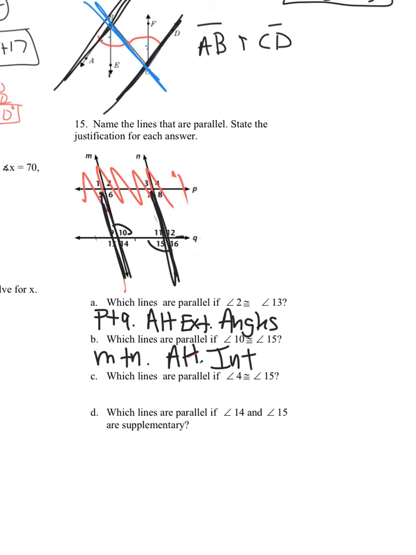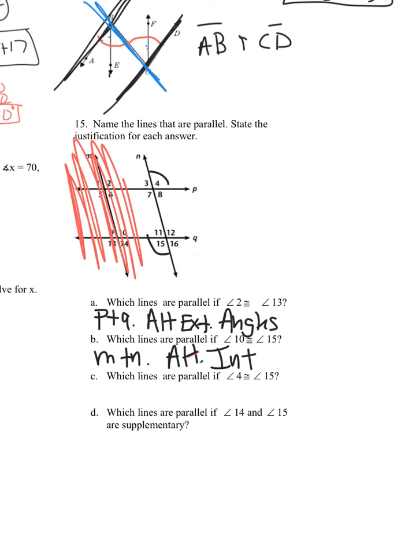Which lines are parallel if 4 is congruent to 15? Okay. So the parallel lines are going to be P and Q. And again, those are going to be alternate exterior, outside the lines, right? Outside, outside, opposite sides.